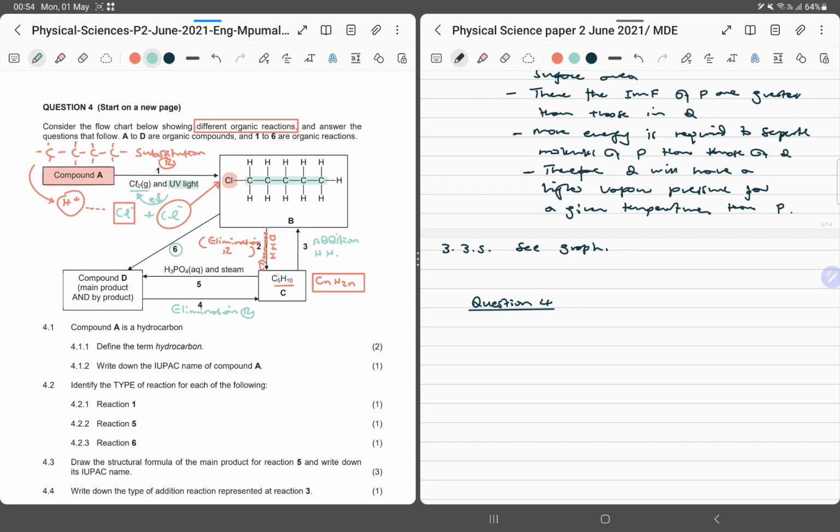Reaction 5, we're coming from this alkene to some major compound. But look at what we used. We used an acid. And we're using steam. So steam is basically H2O. Okay, so if we add water, we're hydrating this thing.